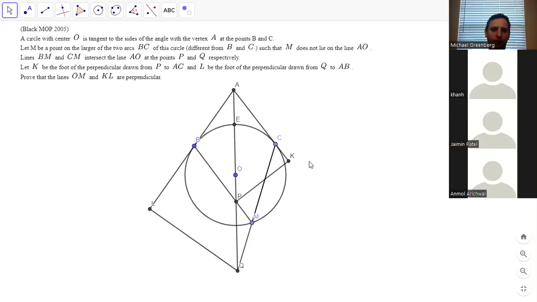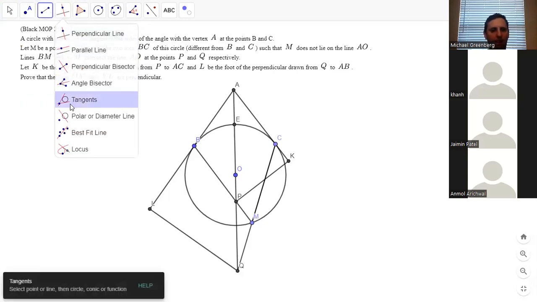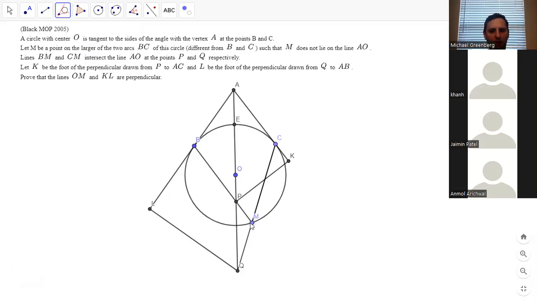Because we have a lot of right angles. How about we make a tangent at M to complete a triangle with an incircle? Yeah, I kind of like that.